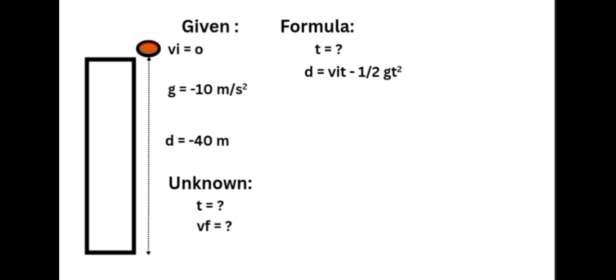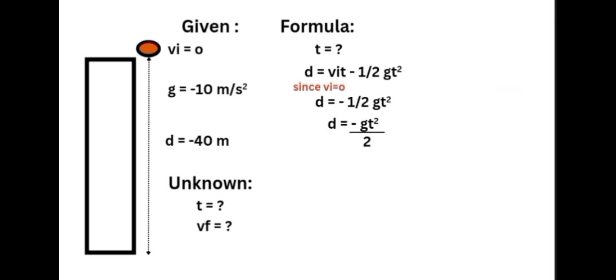And since we're looking for time, we need to transform this formula to specifically solve for time. Since Vi is 0, we can cancel the Vi t, so that it is now d equals negative 1/2 g t squared.